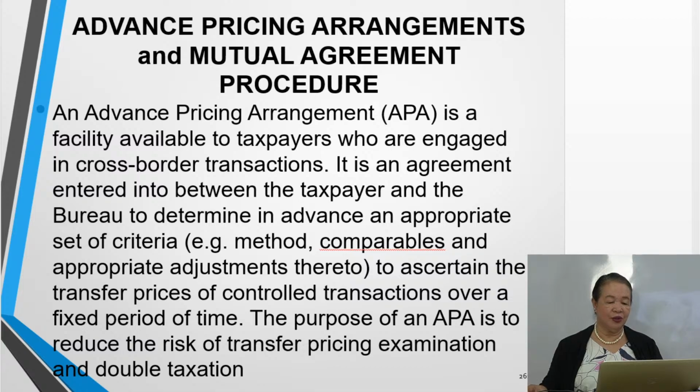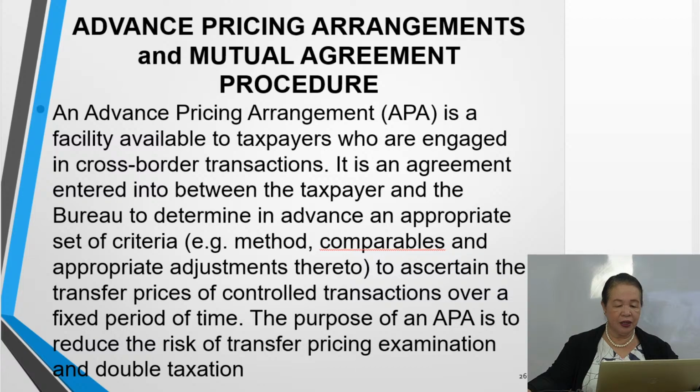No? So, ito yung advanced pricing arrangement, parang ruling to, kukuha ka sa BIR, and then pa-approve mo na yung pricing mo. Ano yung pricing mo? Yun yung gross profit rate, what sa transactional net, sa net margin, no? Yun yung ipa-approve mo na tama yung method na ginamit mo.